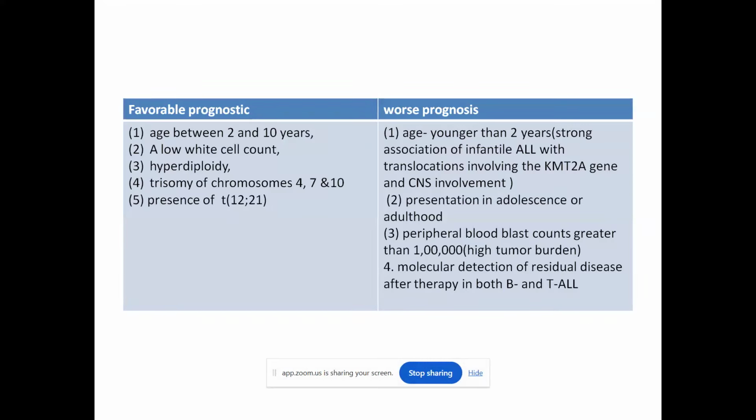Coming to the prognostic factors, we have favorable prognostic factors and worse prognostic factors. What does favorable mean? If the age group is 2 to 10 years, or if the patient has a low white blood cell count, hyperdiploidy or trisomies of chromosomes 4, 7 and 10, or the presence of translocation 12;21, all these are favorable prognostic factors.